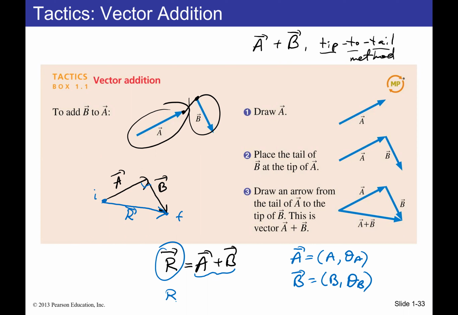Then the magnitude of R, in this particular case, because they're perpendicular, will be given by the square root of A squared plus B squared. That means the magnitude of A squared plus magnitude of B squared, then take the square root of that. And then we can find the direction again using the Pythagorean theorem.